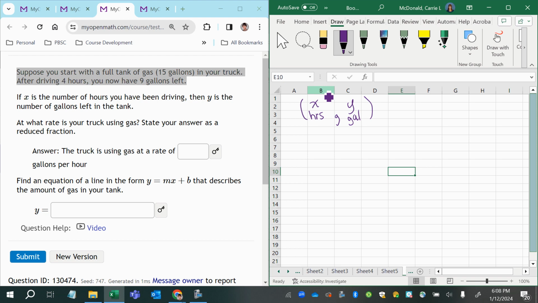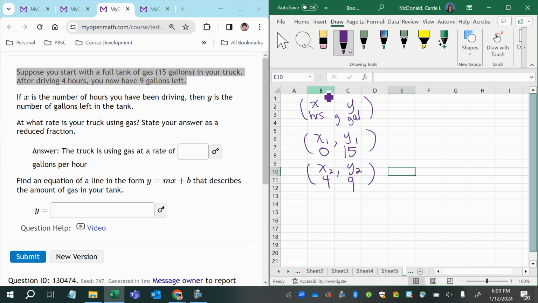And we now have X1 and Y1 given right away. At no hours of driving, we have 15 gallons of gas. And then our second point, X2 and Y2, we have 4 hours of driving and 9 gallons of gas.